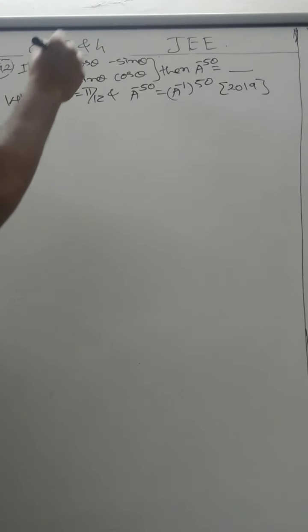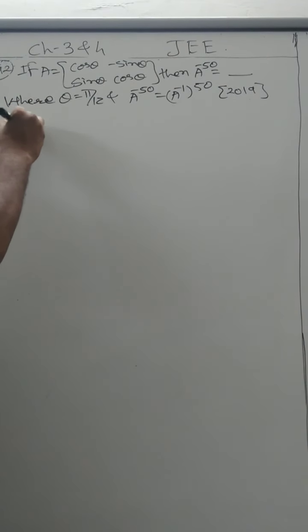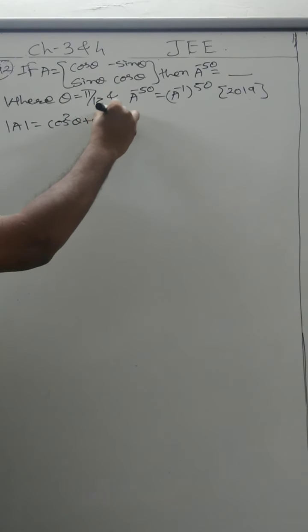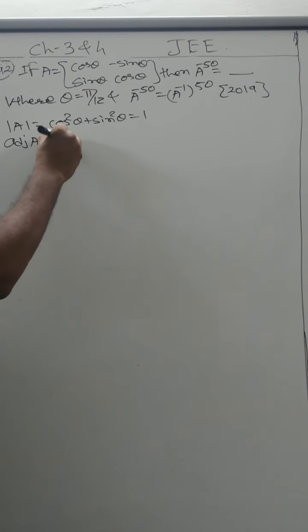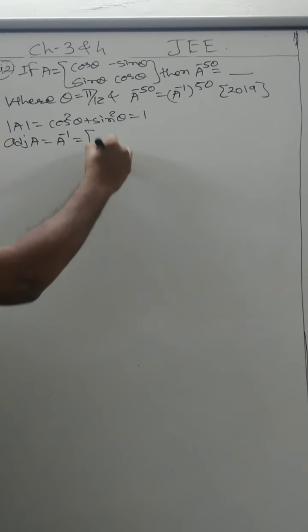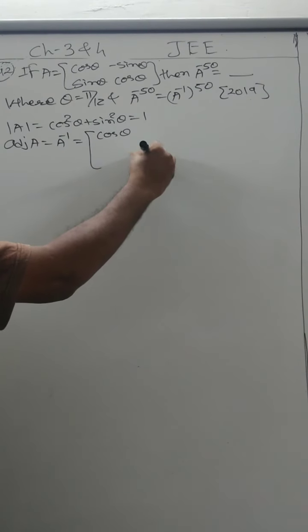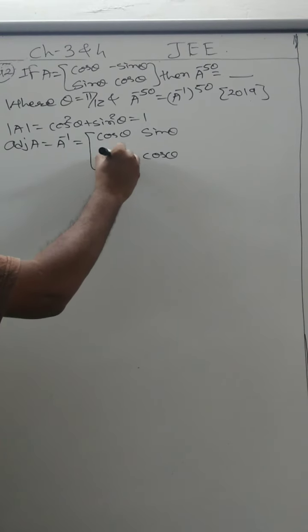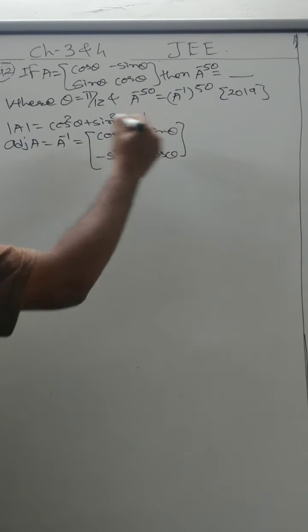Okay, 2019 question. Here first of all, determinant of A is equal to cos square theta plus sin square theta, which is 1. And adjoint of A is equal to A inverse, which is [cos theta, sin theta; minus sin theta, cos theta]. Right? This is our first answer.